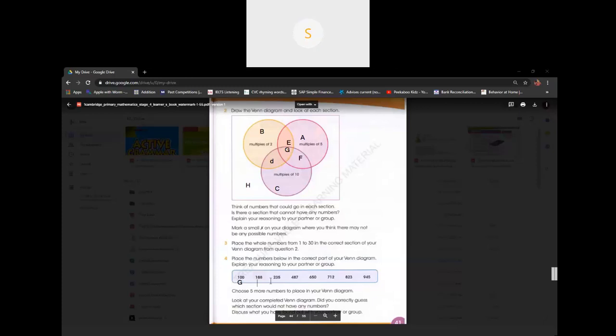188 goes with multiples of 2, B. Yeah, B. 235 can go with multiples of 5, which is letter A. 487 can go with H because nothing in the Venn diagram can be a factor of 487.